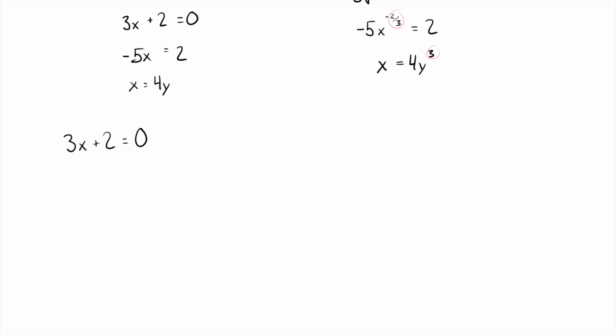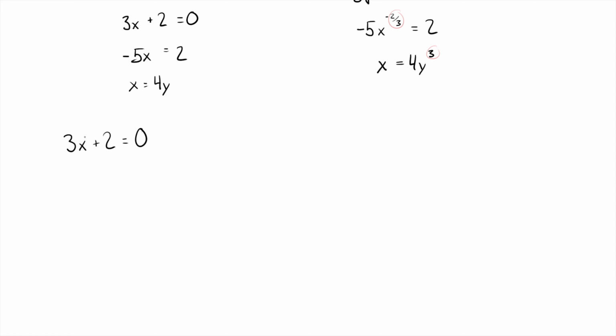Well, what it means is that we need to figure out what number x is in order to make this equation true, in order to make the left side equal the right side. In this case, the right side is equal to 0. So I ask myself, what number can I put in for x to make the left side equal to 0? Now, of course, I could just guess and check. I could say, well, what happens if I put the number 0 in here?